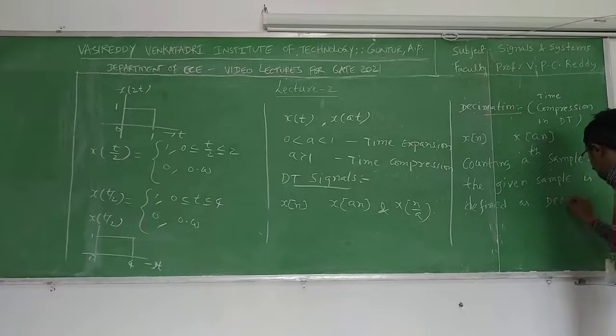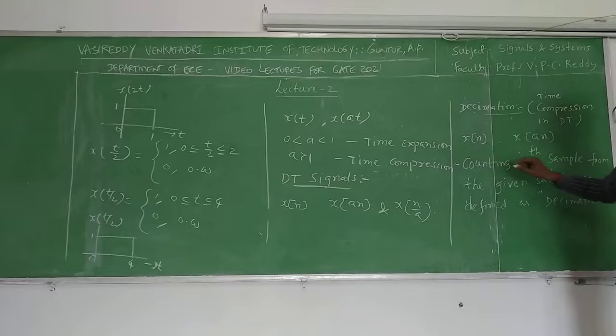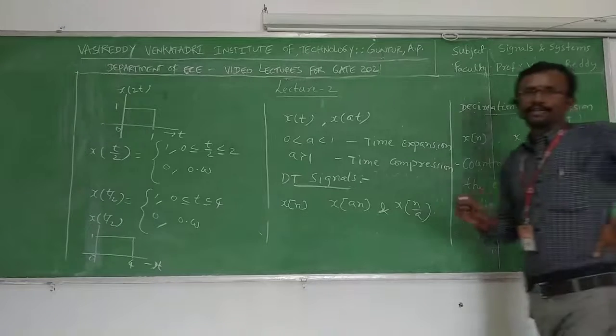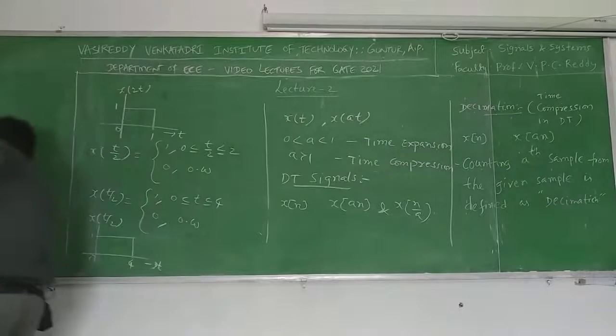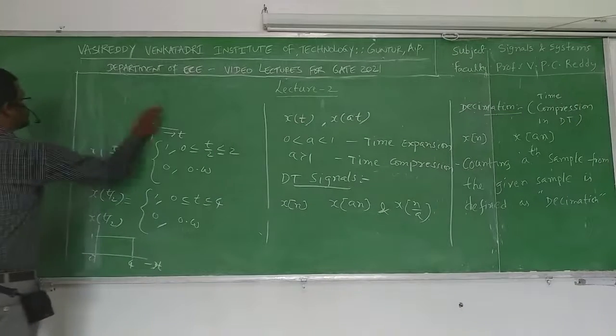So this is a very useful definition for decimation. x of n is the given signal, x of an is the decimated version of the given signal. So what does decimation mean? Counting ath sample from the given sample is defined as decimation. Now we will see a simple example related to decimation.